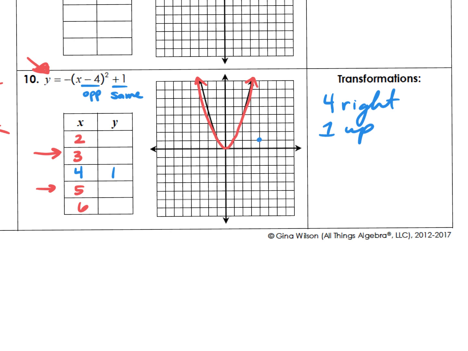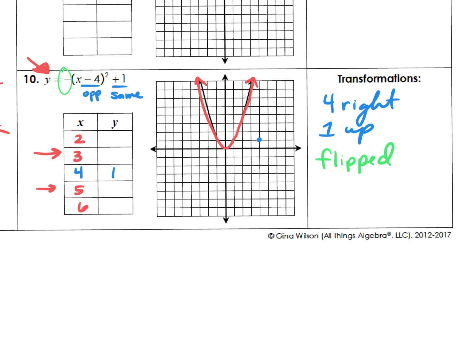Does anyone see the other piece to it already? It's going to be upside down. Why is it going to be upside down? Because there's a negative out in front. So that negative is going to flip it. So it's going to look something like this, but we're going to pick points so that we can get actual points to plot there. All right, so let's do that.